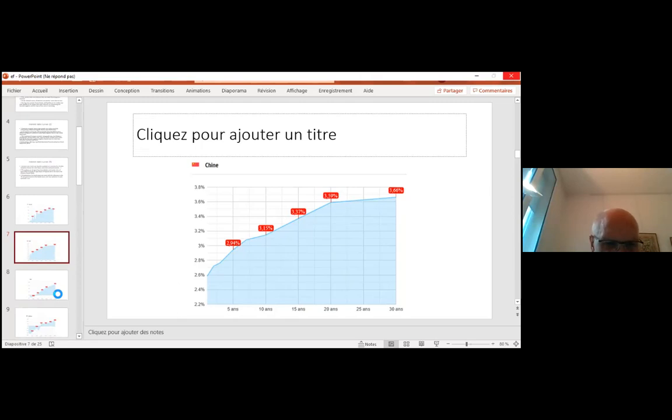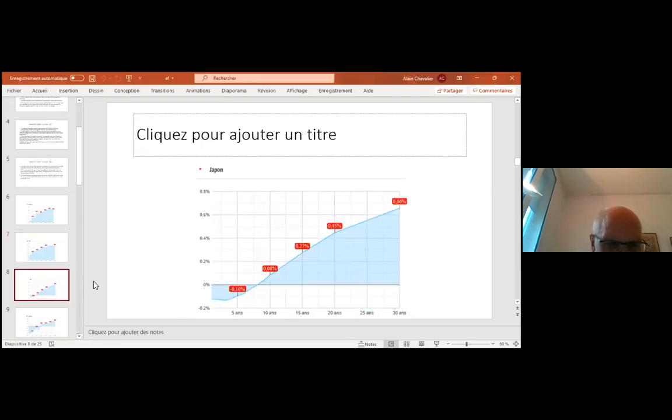Now, let me try to show you the next one, if it works. Yeah, the Japanese one. What's happened here? Well, you see that up to 7 years maturity, interest rates are negative. And after that, the trend is the same, the slope is very positive. But for 30-year maturity loans, zero risk, it's only 0.66%.